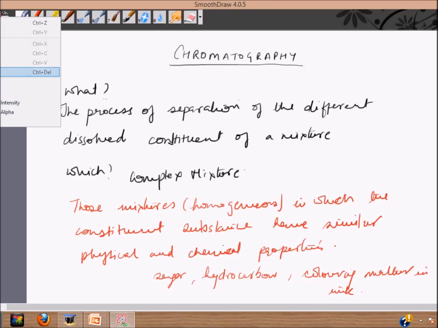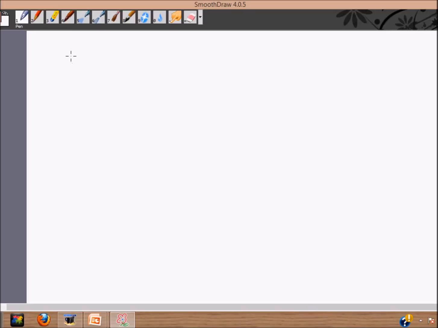So next, what is the principle used in chromatography? Well, it is based on, yes, please note it, the adsorption of all the different substances on the surface of a solid medium.